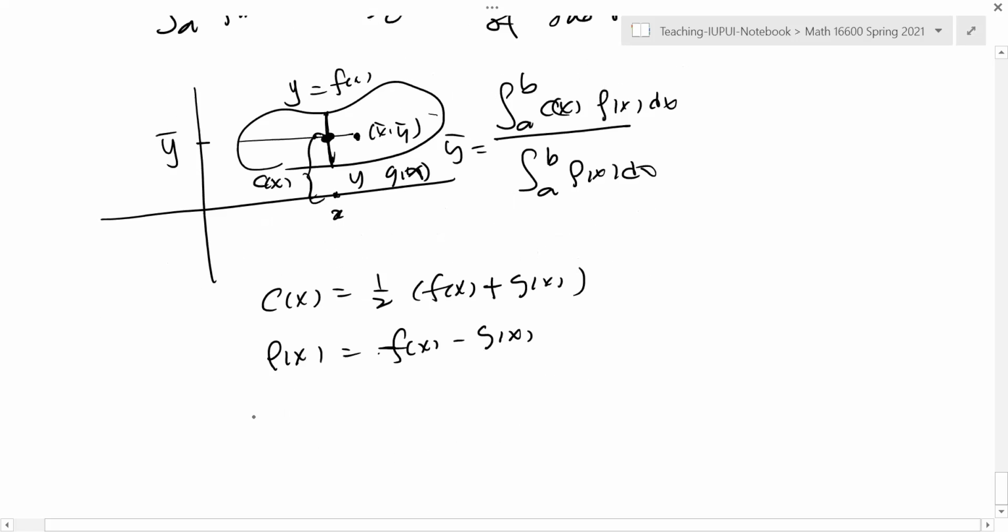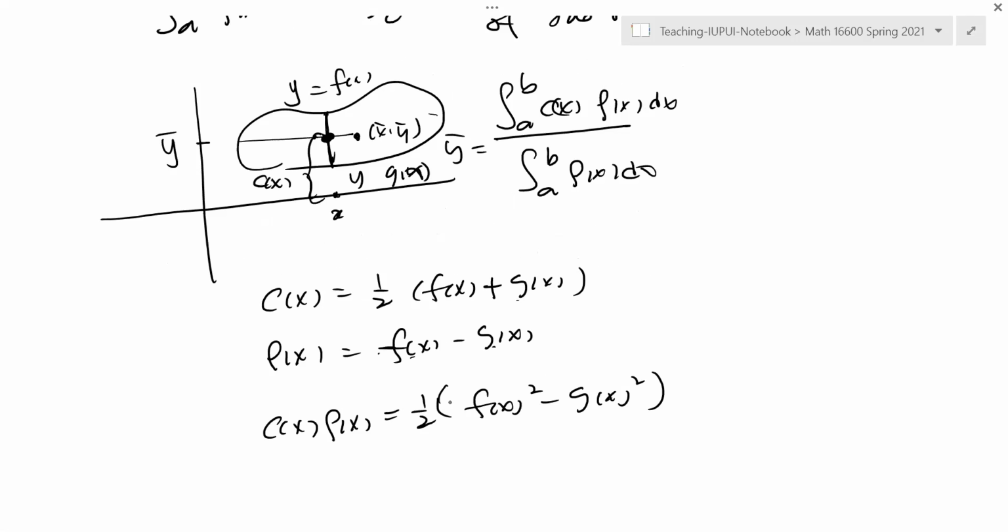So when you multiply this out, it will be 1/2 (a plus b) times (a minus b), which gives f of x squared minus g of x squared. You might wonder where this comes from. It's just the product of the height of the middle point of the line segment and the density function. Otherwise, you don't know where this is from.